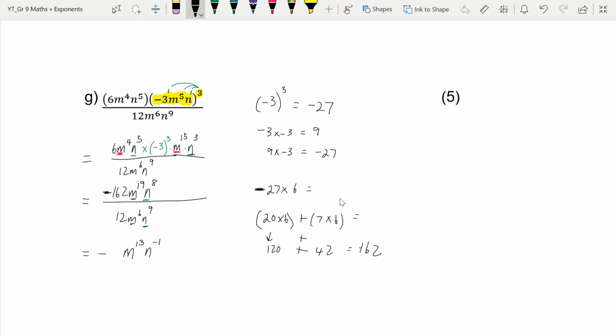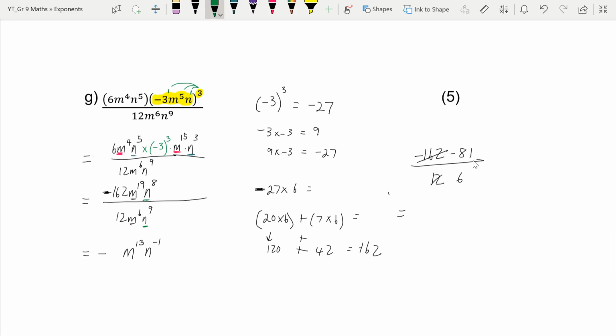And we need to simplify that. So we need to simplify 162 divided by 12. Obviously, you can use your calculator. I'm just going to do it slowly without my calculator because I don't know where it is. So if I have a look and see 2 can go in there, then we have 6, and that divided by 2, what is that? 81. Yes. Can we divide that further?